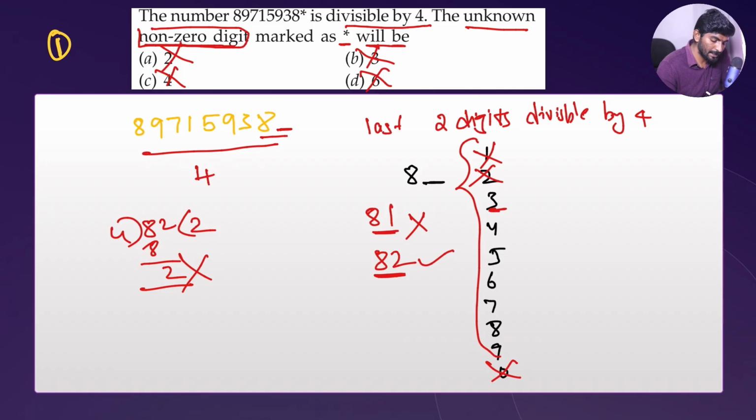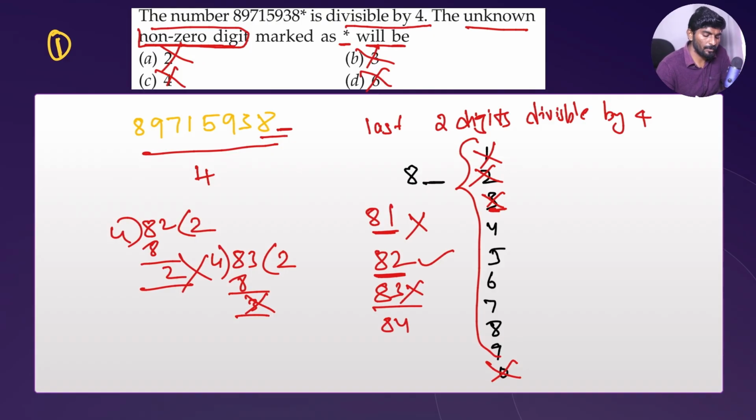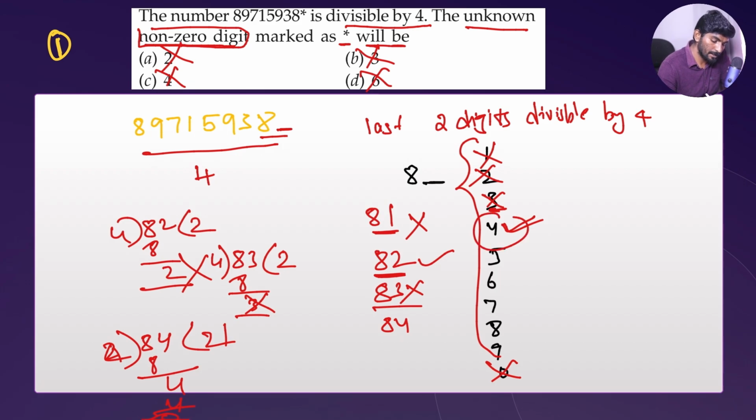Let's see with 3. 83, will it be divisible by 4? 2 times 8, 3. No, 83 is also a wrong answer. 84, let's see 84. Solve with me. 4 twos are 8, 4 ones are 4, 0. Right, this is solvable.